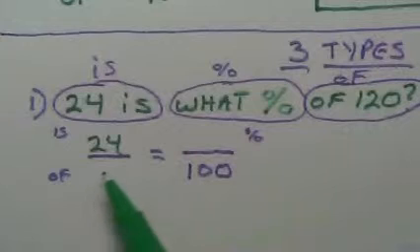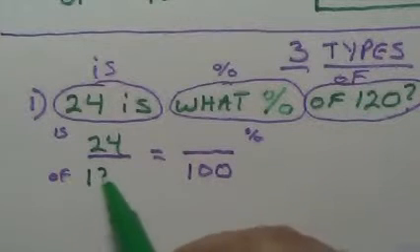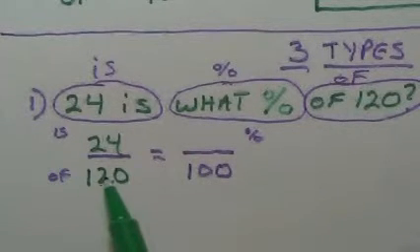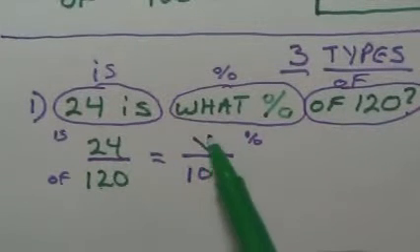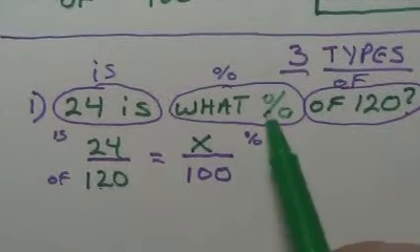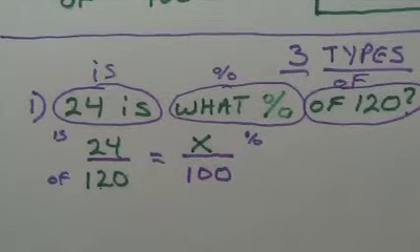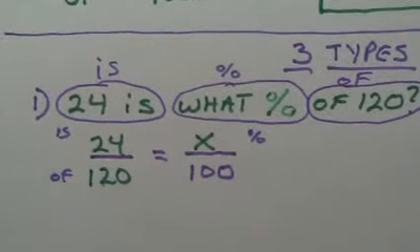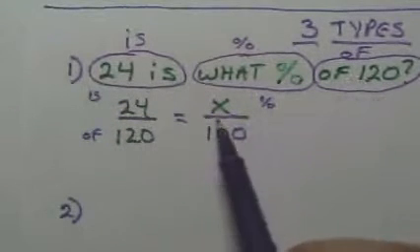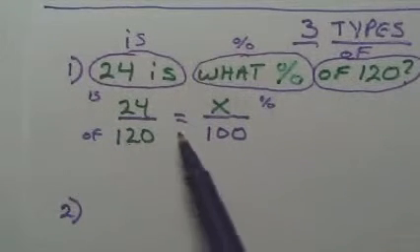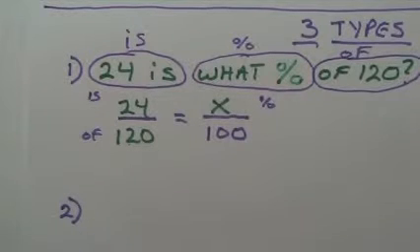Down here at the bottom. That is 120. This is the is number. I don't know the percent number. That's the unknown. I want to know what percent. Okay, this is the first type of problem. We set up our proportion. Let's solve it later. Let's now go to number 2.